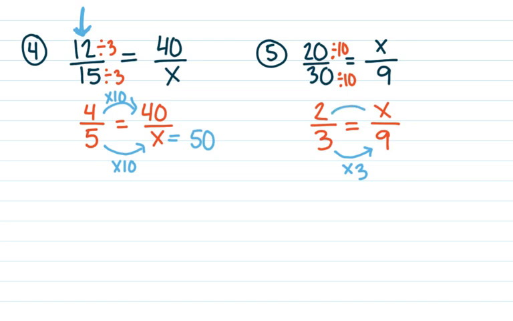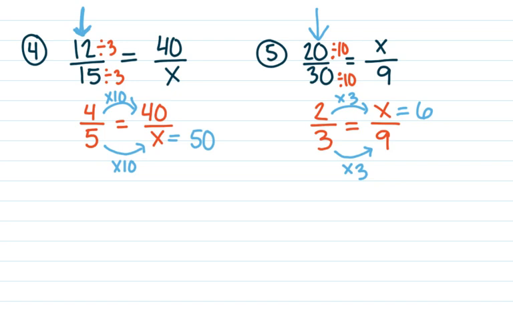And so I'm going to multiply that top number as well. And so x is going to equal a 6. So again, I could not get 30 to equal a 9 right here. And so all I did was simplify this first ratio here, and once I did that, I had some friendlier numbers that I could then multiply to 9.